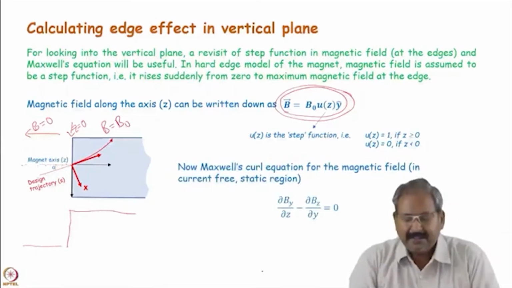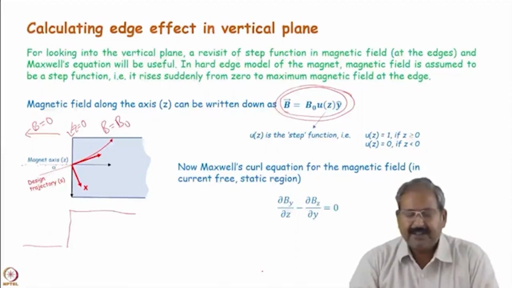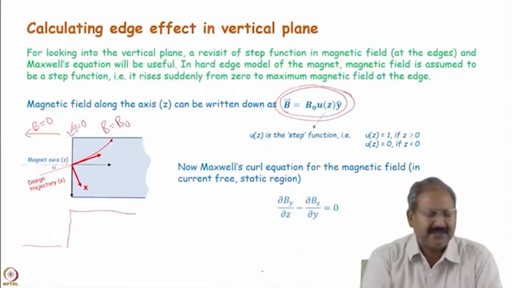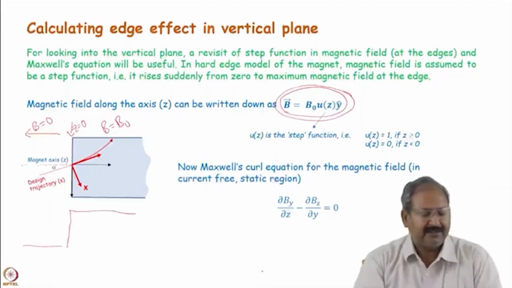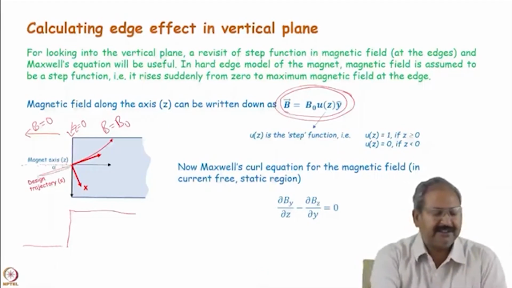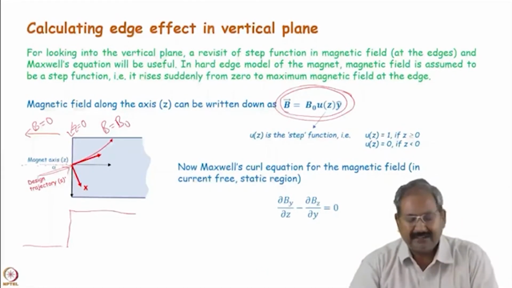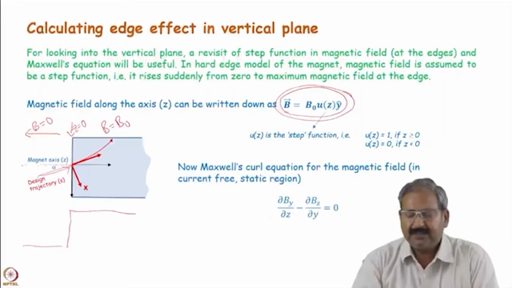Now remember Maxwell's curl equation for the magnetic field. In a current-free static region, because there is no current on the design trajectory and no coil is there, del cross B will be 0. One component of del cross B, the x component, gives del By by del z minus del Bz by del y is 0. This is from the curl equation.